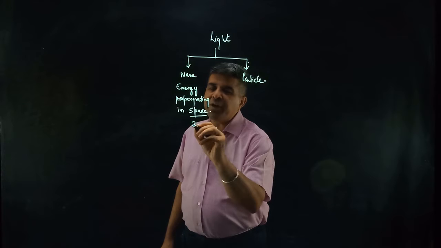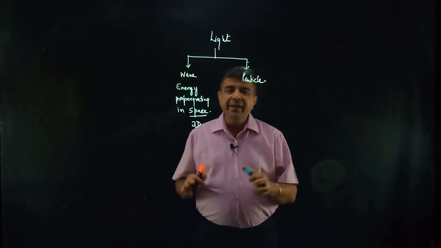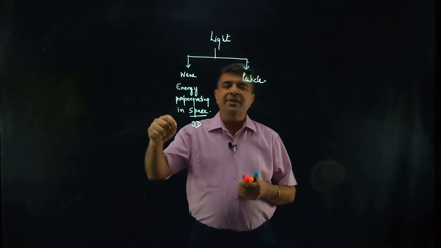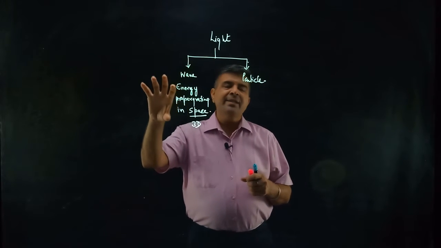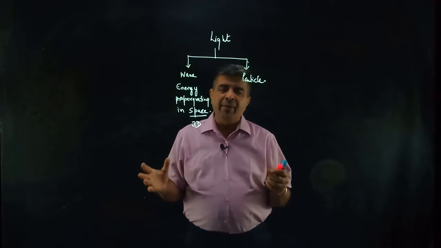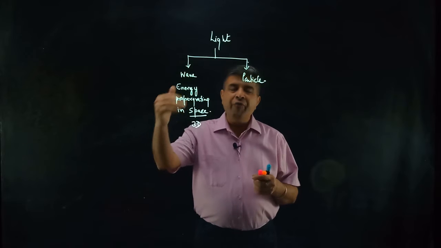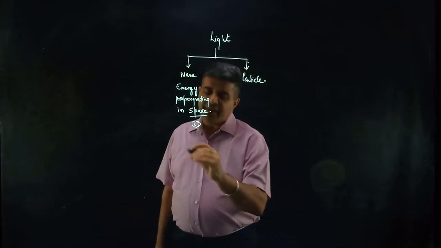Space means 3 dimensions. When we call any substance a wave, the energy associated with that substance should be traveling in all the available directions. Then it is considered as a wave characteristic, and wave would have its peculiar things.